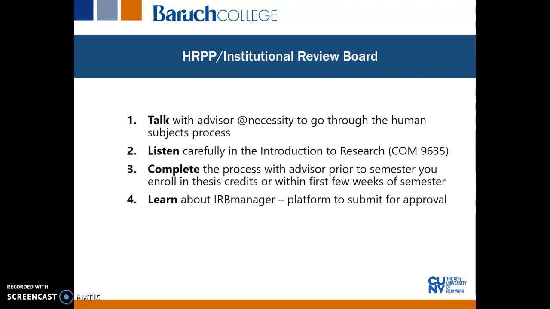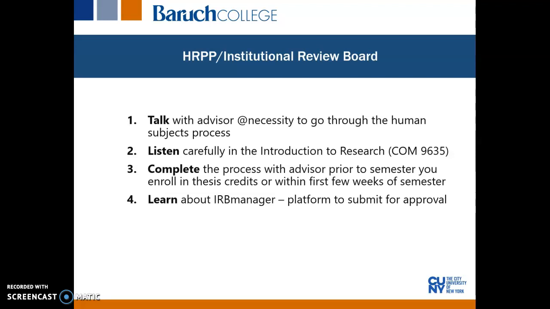Before we conclude, let me just mention one issue on conducting research at Baruch College. As you'll learn about in your Introduction to Research Methods class, there are federal regulations that affect certain types of research conducted at colleges and universities in the U.S. You'll learn more about the Human Research Protection Program and the Institutional Review Board.